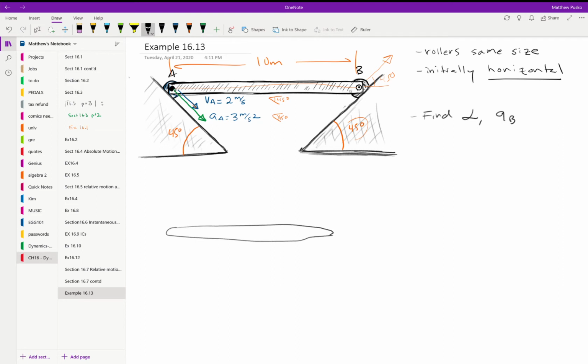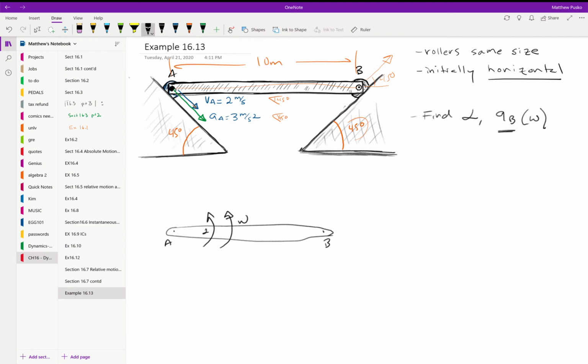I'll do some drawing, I'll let you do the geometry. Taking A and B, we need to find omega if we're going to use the acceleration equation. This thing right here is a function of omega. We need to know what omega is about this rod in order to find alpha.